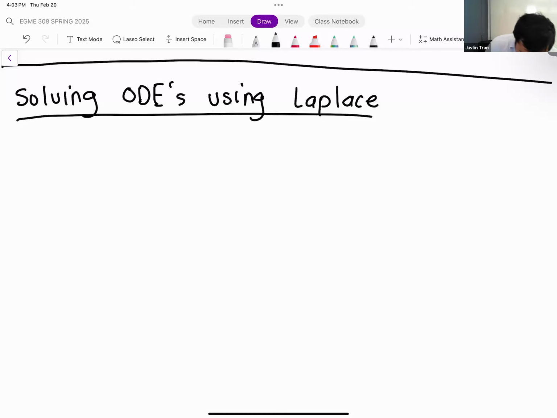Okay. And so there's usually a 3-step process that we go through to do this. Step 1 is to take the Laplace transform of the entire differential equation.